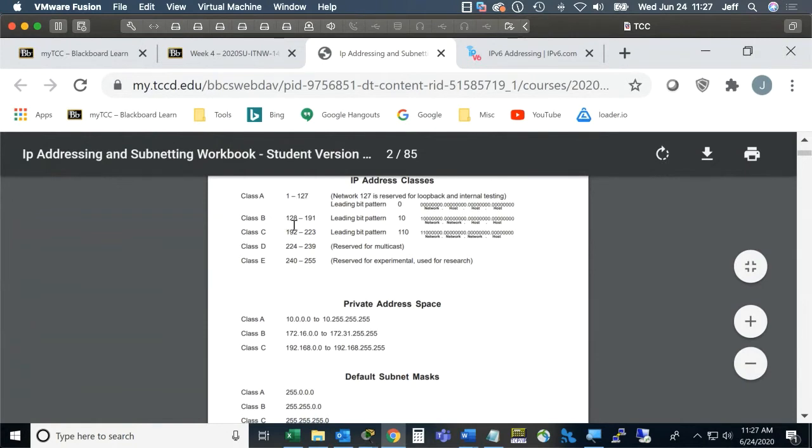The Class B is 128 to 191, and that is the first 16 bits are the network ID, and the last 16 bits are the host ID.